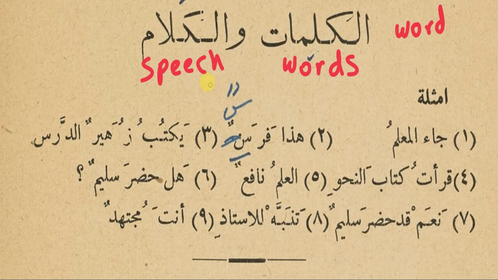For the grammarian, the speech is a useful sentence. That's another word for it. That's the way they use it. That's how you understand the word kalam when you read it in a grammar book. And it's called a useful sentence.